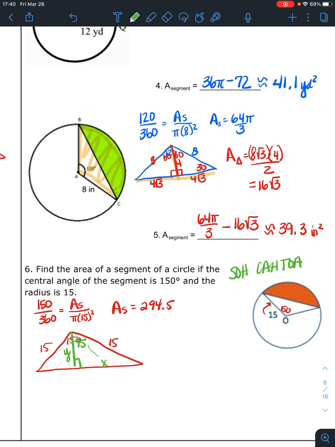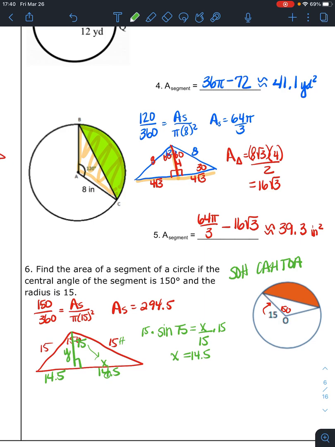So in order to find x, I notice that it is opposite of the 75 and 15 is the hypotenuse. So that uses sine. So the sine of 75 is equal to the opposite side divided by the hypotenuse. So when I do that math, I want to multiply both sides by 15, and you get that x is equal to 14.5. So this is 14.5, and this is 14.5 because it's isosceles.